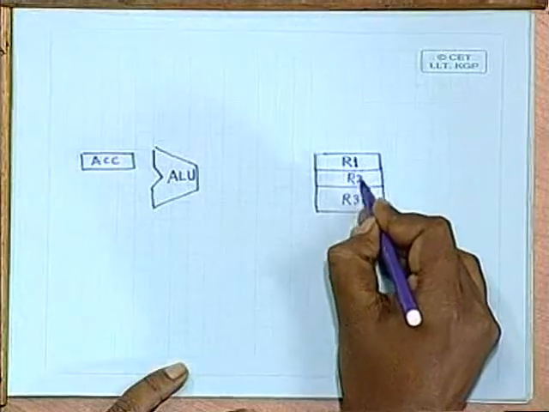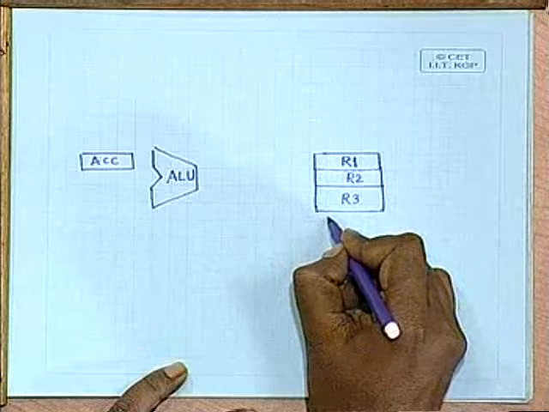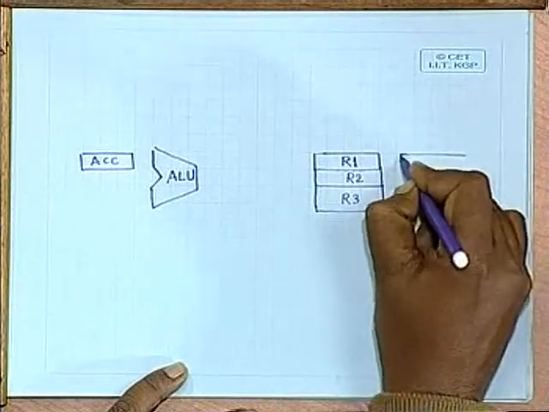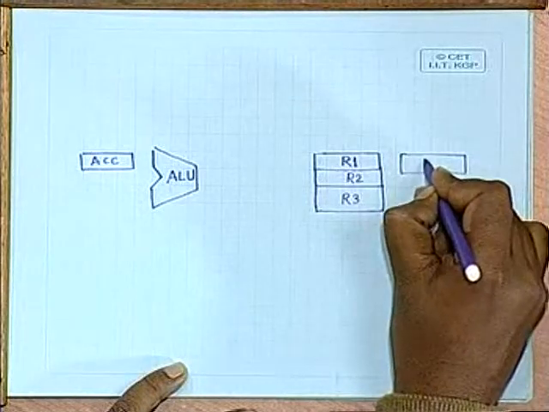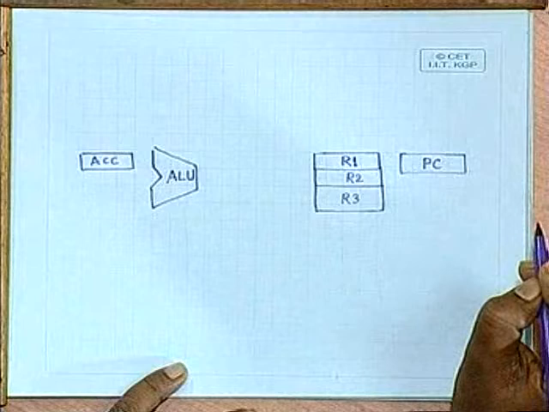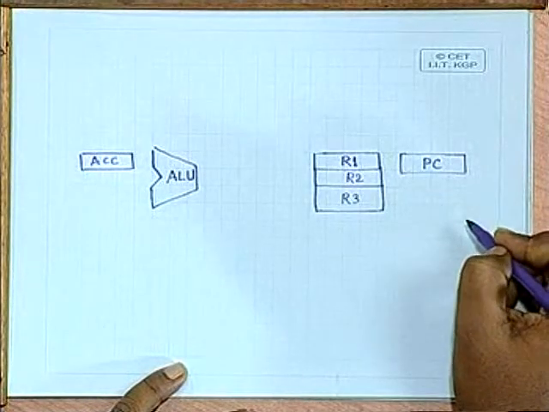That particular resource in a CPU is called a program counter. So, in addition to these general purpose registers, I also have to have another register within the CPU which is called a program counter, or a PC. I may also need some more registers.